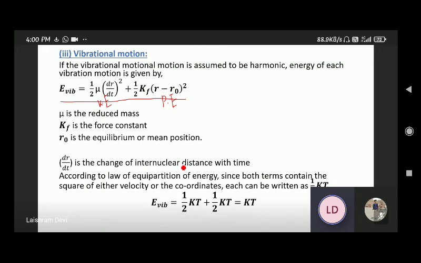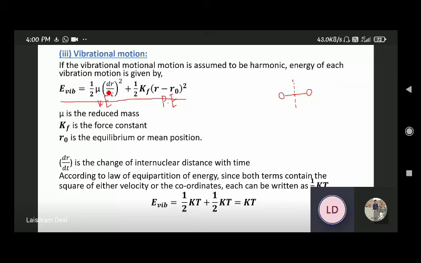How the internuclear distance is changing with time. ठीक है, suppose we have a molecule here, again a diatomic gas, and suppose this is the mean position from which it is undergoing to and fro motion or simple harmonic motion. So dr by dt is nothing but the rate of change of internuclear distance with time. Time के साथ उसका internuclear distance कैसे change हो रहा है, that is given by this. So this is simply the velocity term, right?